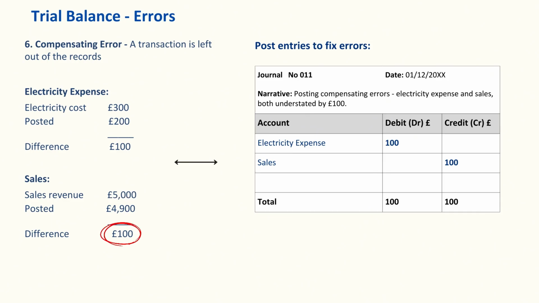The credit side is understated by £100. Result of these, debit is £100 too low and credit is £100 too low. They cancel each other. Trial balance still agrees. To correct the understated electricity expense and sales, we debit electricity expense £100 and credit sales £100.